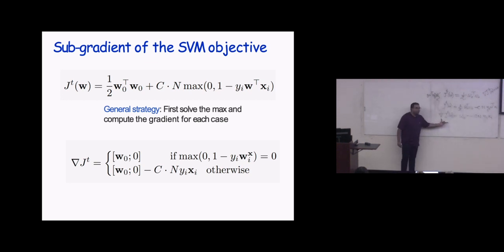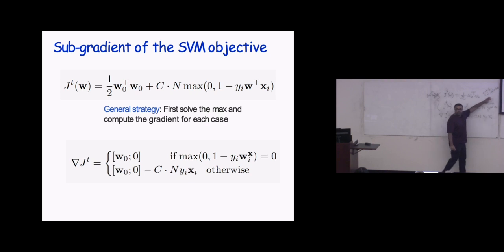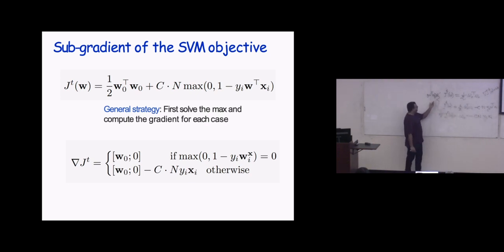So now, instead of one gradient function, we have two gradient functions, and we have to just look at what is the value of this. If this is greater than or equals to 1, we'll compute gradient this way. If this is less than 1, then we'll compute gradient this way. Okay? So that's what we have here.